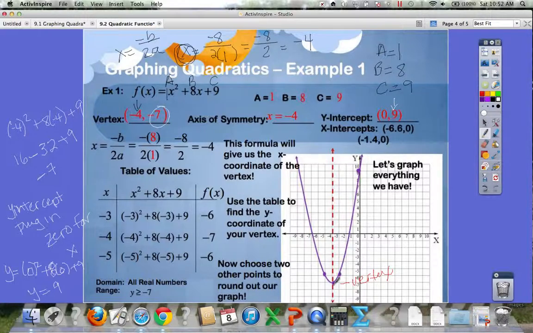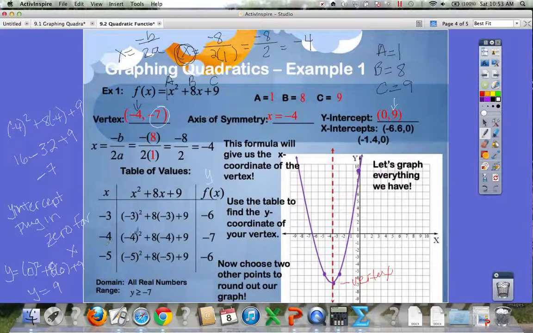We've got our vertex, and now we need to find some values. Okay, so you're going to write this in a table, your equation, an x column and a y column. It's the same thing as a y. If I plugged in a negative 3 into every x, this would come out as a negative 6. So my ordered pair would be negative 3, negative 6.